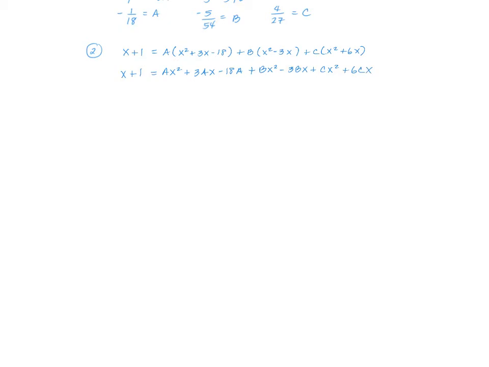Next step is to line up all the like terms. I notice that the highest exponent is a 2. On the left-hand side I'm missing an x squared, but I can add one in: 0x squared plus x plus 1 is equal to, let's see, for x squared, I have a plus b plus c, so an a plus b plus c times x squared.